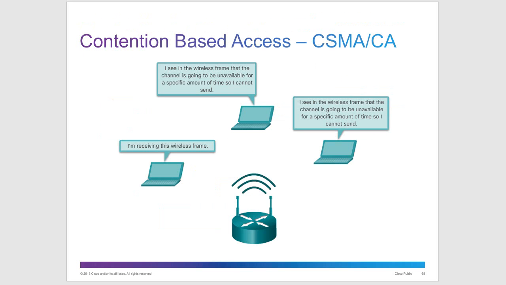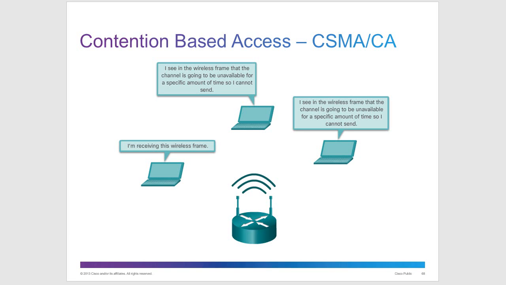Okay. Collision avoidance, this is where you're actually monitoring the line and seeing that a channel is available or unavailable in Wi-Fi, or wireless, I should say. So wireless uses this collision avoidance, CSMA/CA, and CSMA means carrier sense multiple access.